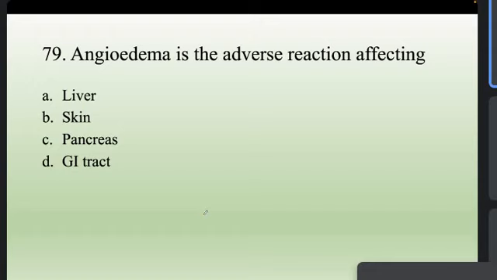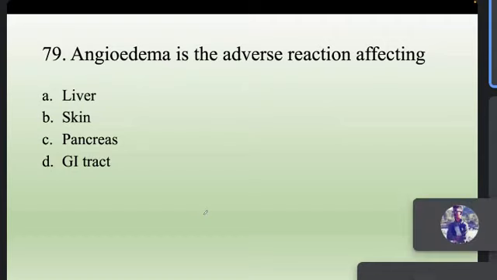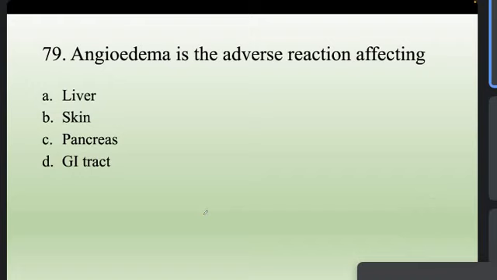Okay, so what is edema? Swelling. Swelling, correct. So what is angioedema? Angio means what? What is an angiogram, angiography? What does it deal with? Vessel. Yes, correct. Blood vessels.